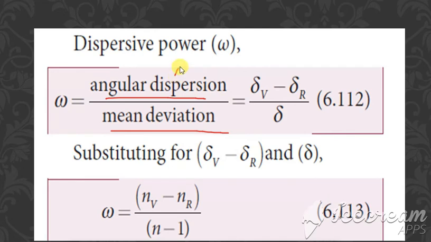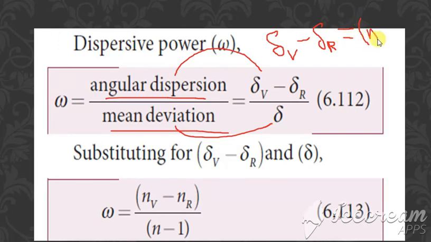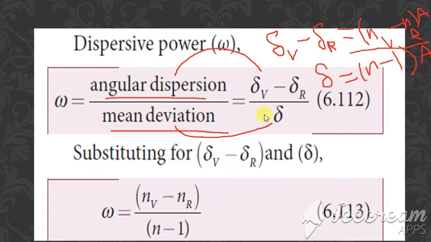Angular dispersion we know is del V minus del R. Mean deviation is del. What is the formula for del V minus del R? Just now we saw del V minus del R is equal to NV minus NR into A. And del is equal to n minus 1 into A. We divide both, so the value of A gets cancelled.